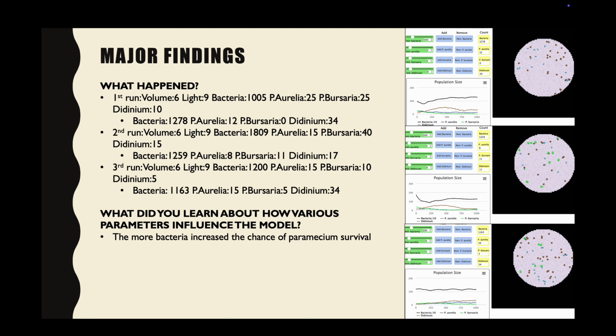The bacteria was increased. For the first run, the P. bursaria died off, so I increased the bacteria for the second run and decreased the didinium. The increased bacteria helped the chance of survival of the paramecium.